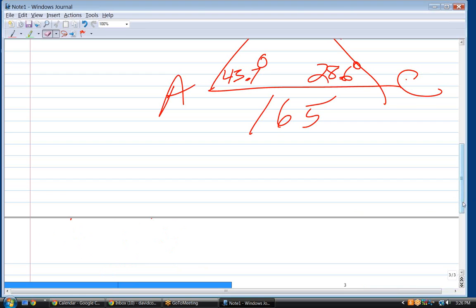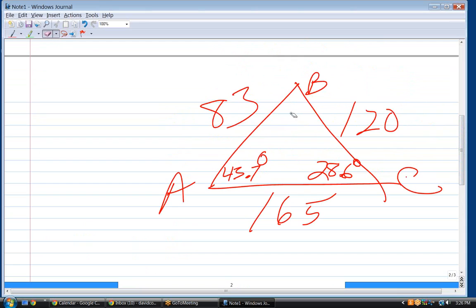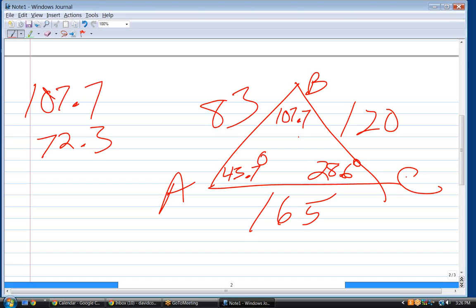We could, but it's much easier to just figure out what the sum of those are, which looks to be 72.3, which means 107.7 has to be this angle here. And there's the full solution of that triangle.